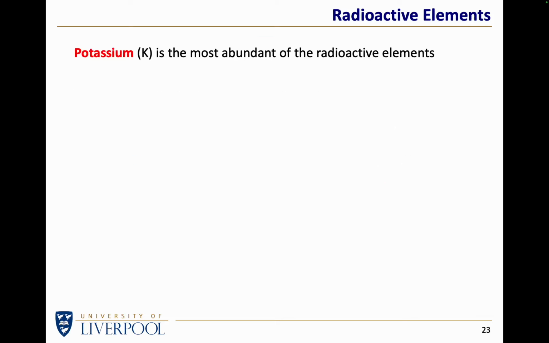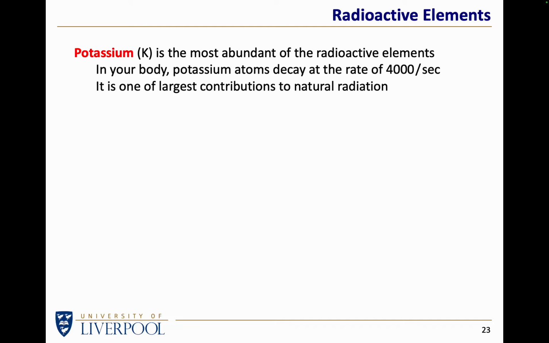Now, in terms of isotopes of some radioactive elements, there are three that dominate how much radiation comes from the Earth. The first is potassium. That's one of the most abundant of the radioactive elements. In your body, of course, there's a fair bit of potassium. There are some foods which are very rich in potassium, such as bananas and Brazil nuts and a few other things.